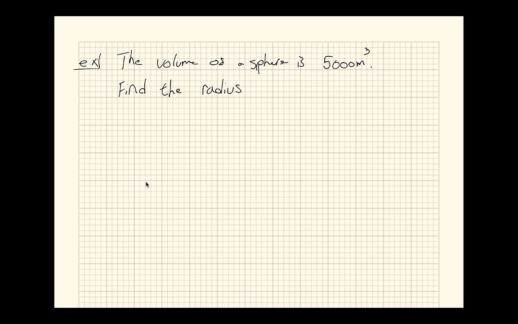We're given a volume of 5,000 meters cubed to find the radius. Still going to use the formula, which was 4/3 pi r cubed, but we're solving for r in this case rather than v. So plugging in volume, we should have 5,000 equals 4/3 pi r cubed. We want to get the r by itself, so we need to cancel the 4/3 pi. If you recall, to cancel a 4/3, we need to multiply the other side by the reciprocal.